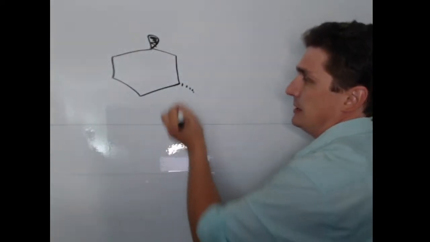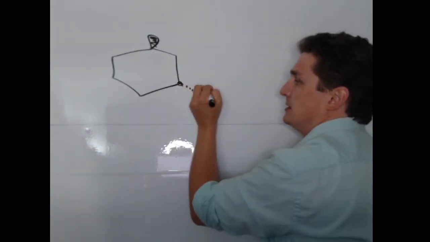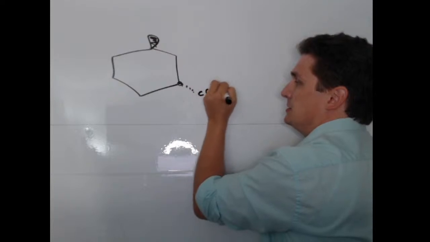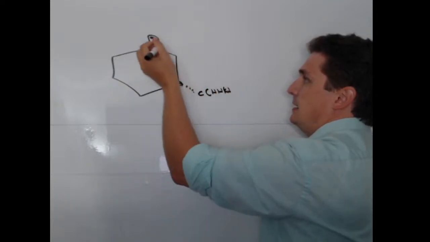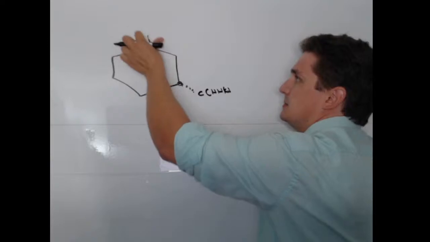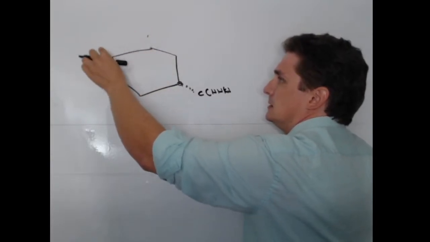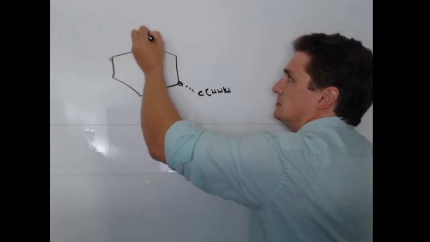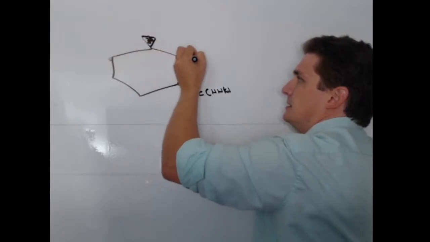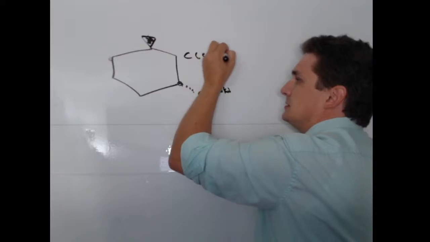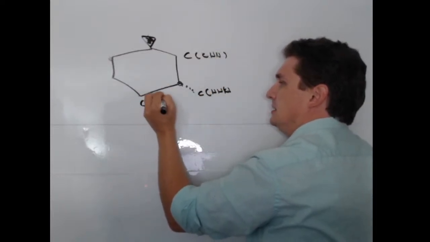But let's say we want to rank this as RS. Well, this is bound to a carbon with 3 hydrogens. And yeah, let's be extra cruel. No, that's correct. This is a carbon and 2 hydrogens. This is a carbon and 2 hydrogens.